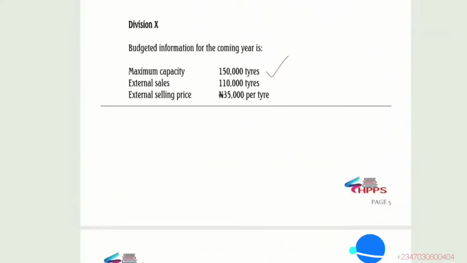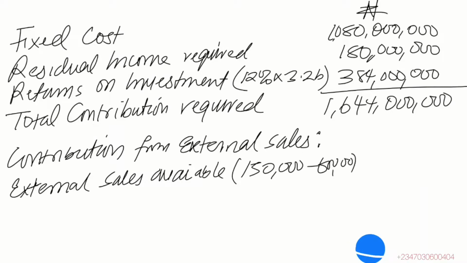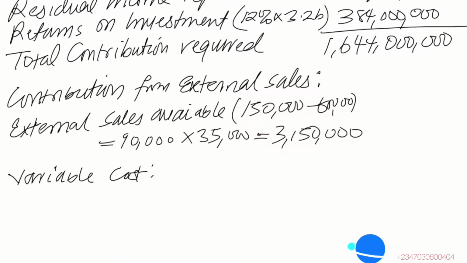That's what we'll do to get the ones we are going to sell outside. 150,000 minus 60,000, and then we multiply by the market price. The external market price is 35,000. So 90,000 times 35,000 will give you 3,150,000,000.